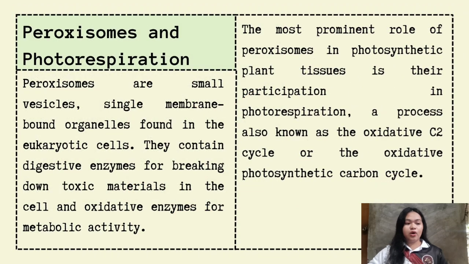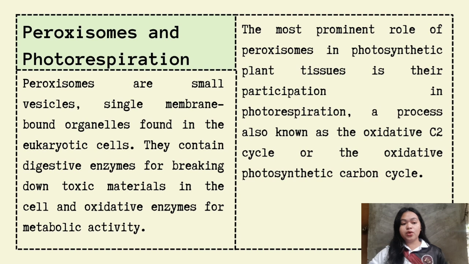Next is the peroxisome and photorespiration. Peroxisomes are small vesicles, single membrane-bound organelles found in eukaryotic cells. They contain digestive enzymes for breaking down toxic materials in the cell and oxidative enzymes for metabolic activity.